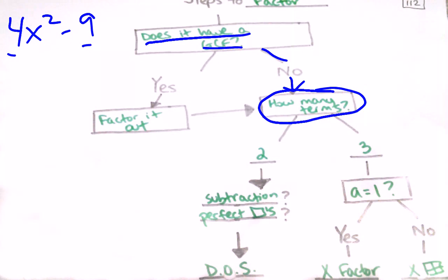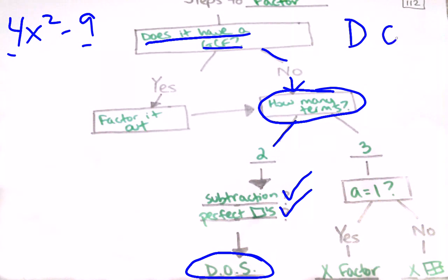Well, it has 2 terms. So then I want to check and see, do I have subtraction? Yes. Do I have perfect squares and even exponents? Yes. So I would factor it as a difference of squares. So my answer for number 2 is difference of squares, or DOS. Tomorrow we'll practice actually going through and factoring all these.